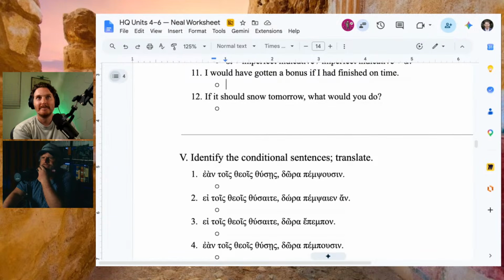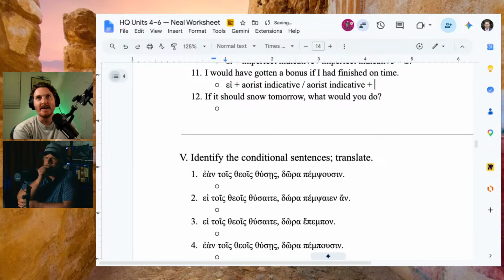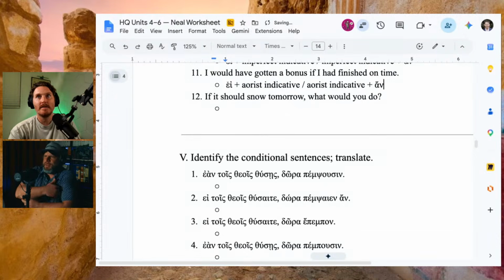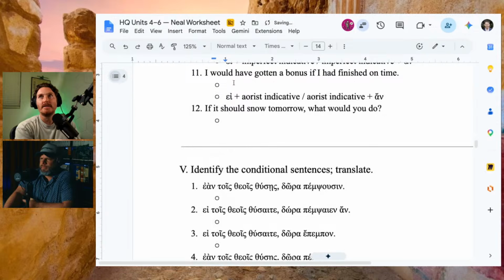If I had finished on time is the aorist. So it's a plus aorist indicative. And then the apodosis is aorist indicative plus an. Exactly. Which is past counterfactual.